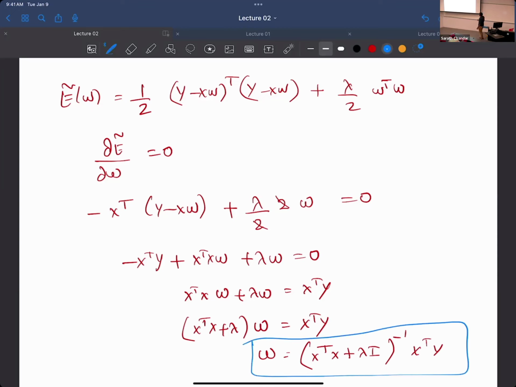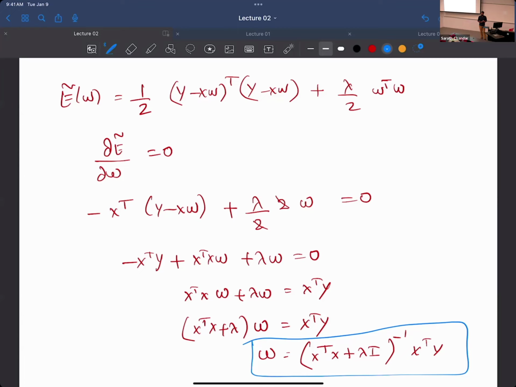Now the solution for least squares with L2 regularization looks exactly like the least squares solution, which was (X transpose X) inverse X transpose y. All I'm doing is adding some small positive value lambda to the diagonal of the X transpose X matrix. Is that clear? So this you can implement.